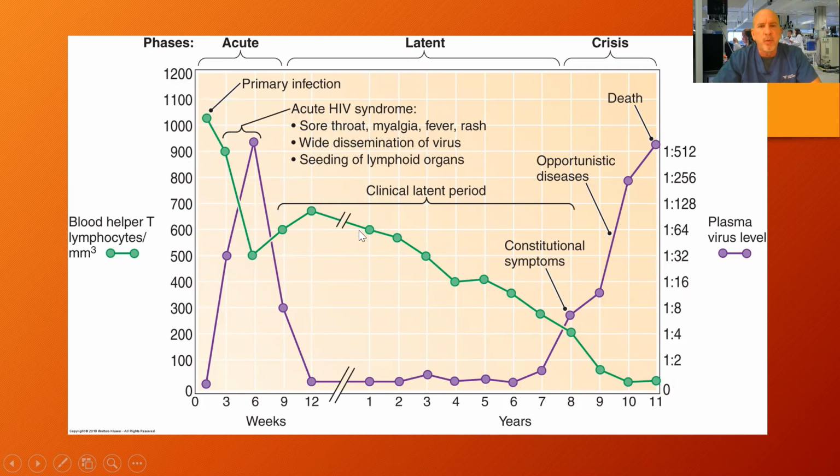This is the period where you have enough T cells to live a healthy life, but little by little it's wearing them down and the count is dropping until you get to about 200. Once you get to 200, right here, your body cannot fight it off anymore. And you drop into what we call the crisis stage, or stage 3 in the textbook. That stage 3 is where you're developing full-blown AIDS.